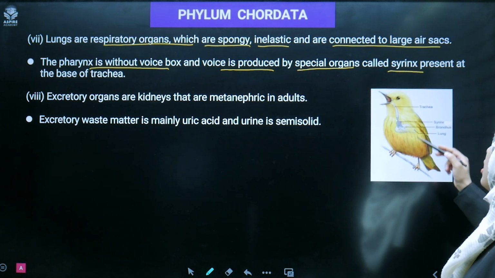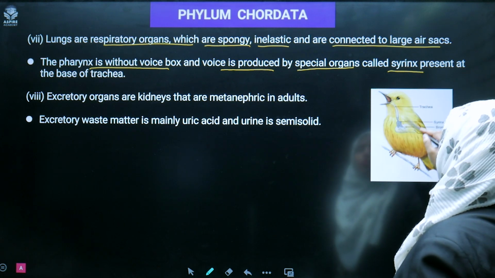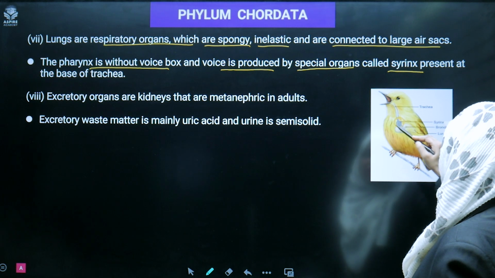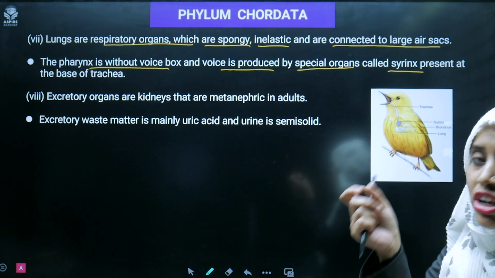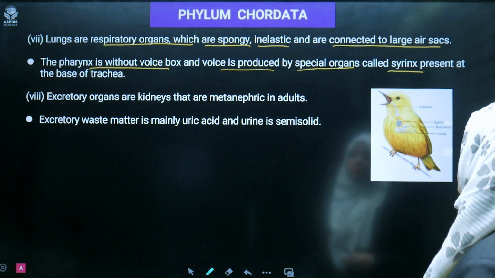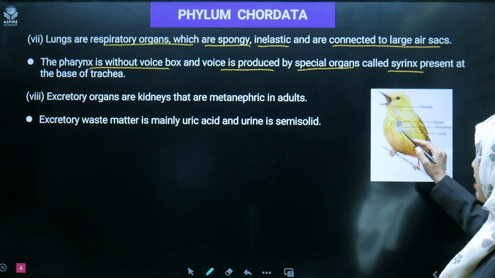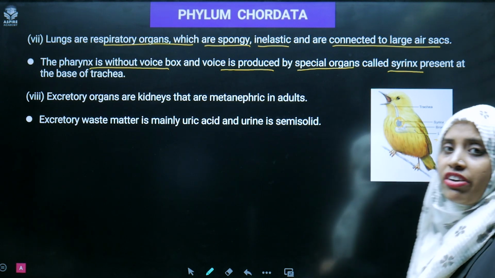So you can see the bird. This is the trachea, the windpipe, and here a special organ is there in the center, that is the syrinx, from where the voice is being produced. After the syrinx, it is divided into bronchi, and then finally it reaches the lungs.